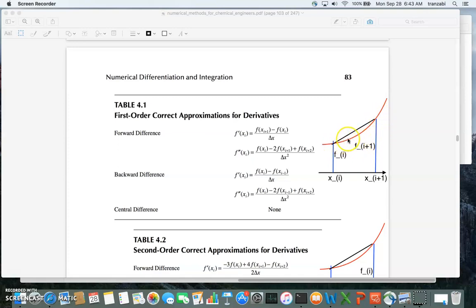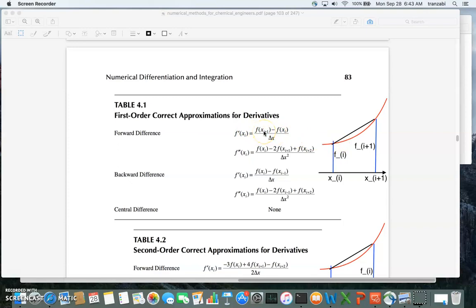You basically get the slope of this line in this triangle, right? And the slope of this line is approximately equal to the tangent to this red curve, which is exactly the derivative of f at point xi. So we define the derivative as roughly the slope of this secant line, right? We saw this before. So this is called forward approximation.